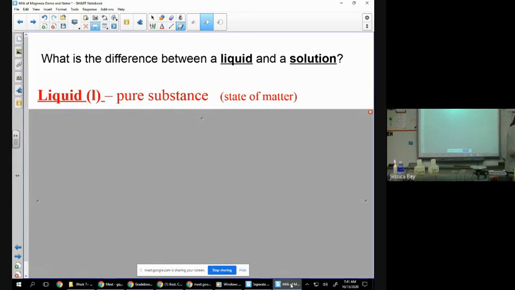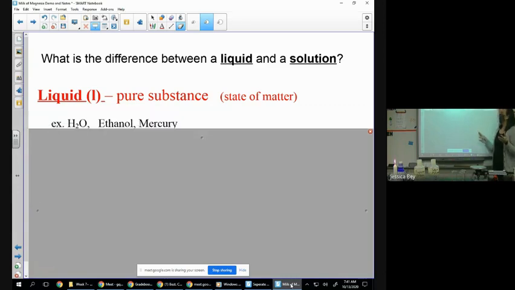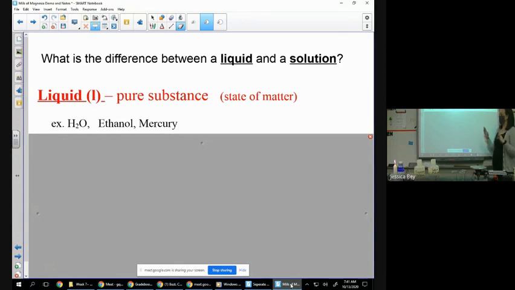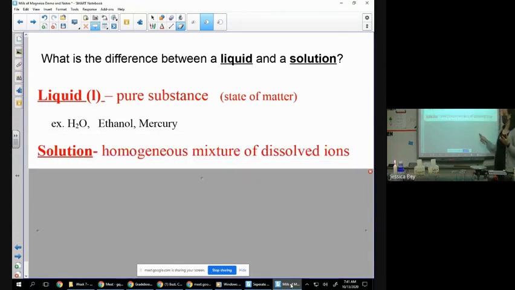This is sometimes used in the wrong manner, but that's okay. Water, ethanol, mercury: anything that is nothing but a pure substance. Now, the other one we should be talking about more is a solution. A solution is a homogeneous mixture of something dissolved, and dissolved ions. That will make more sense to you once we get into what ions are.